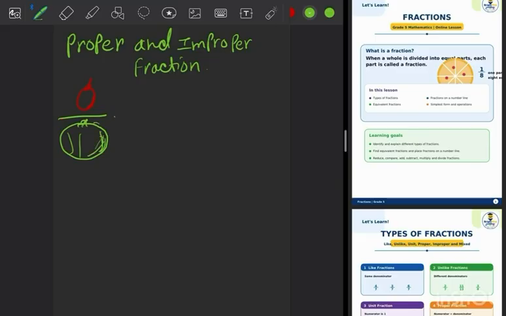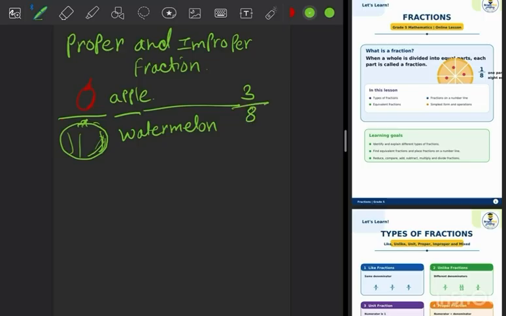So this is the apple and this is the watermelon. I will give the apple the number 3 and the watermelon the number 8.